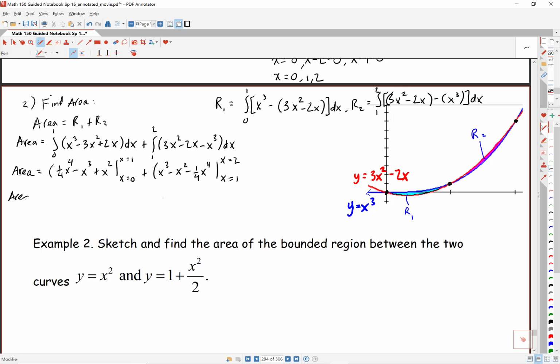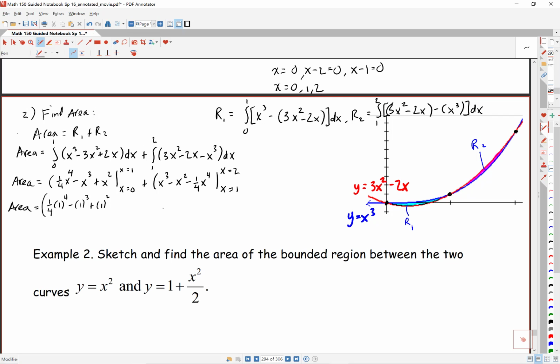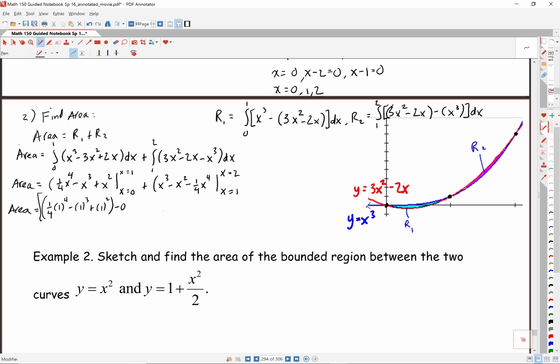So, continuing, we'll have the area is 1/4 times 1 to the fourth minus 1 cubed plus 1 squared. And do you see that the lower limit is just going to be 0? And that is that first integral.